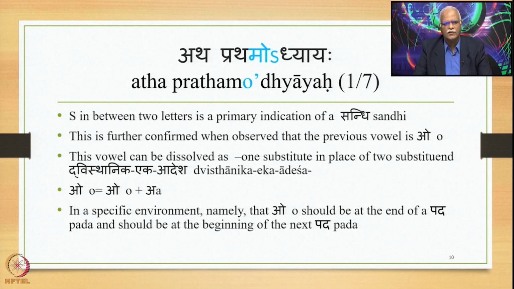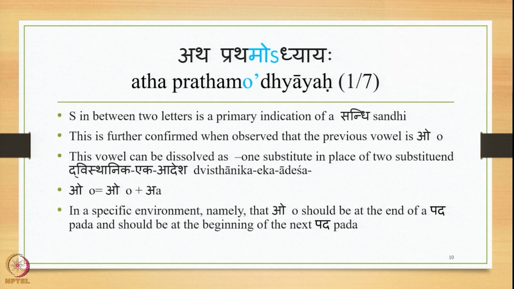Now we know that this vowel O can be dissolved as one substitute in place of two substituents. So O will be a combination of O plus A. However, we should note that this can happen in a specific environment, namely that O should be at the end of a pada, and A should be at the beginning of the next pada.